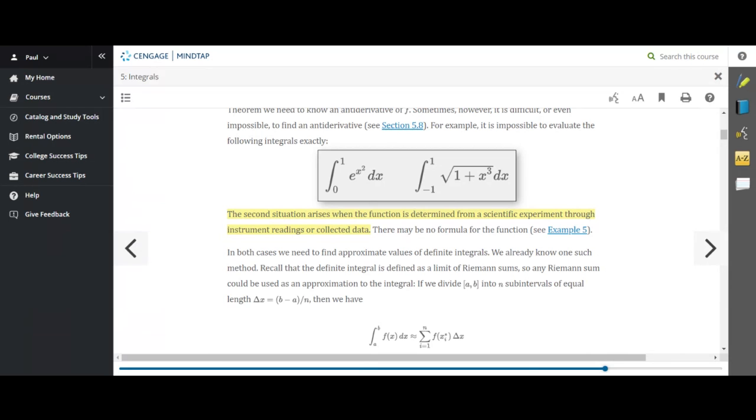So we have to use some kind of approach where we approximate the area under the curve by adding up areas of rectangles, the Riemann sum. That's right, this book talks about some different approaches.